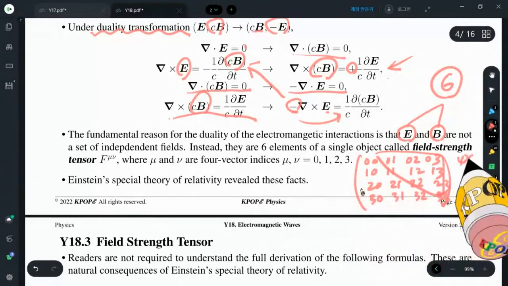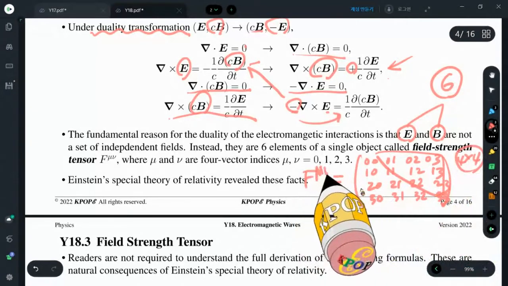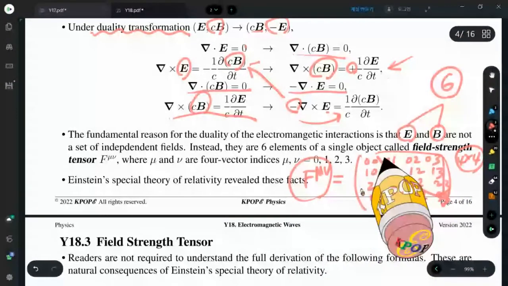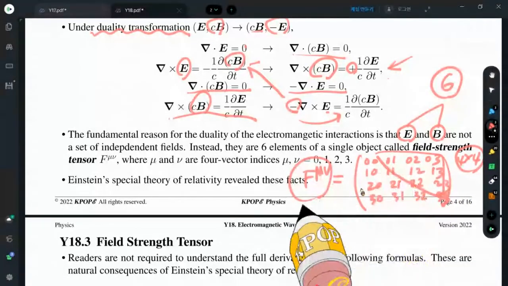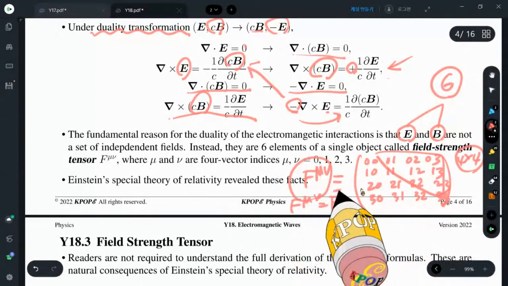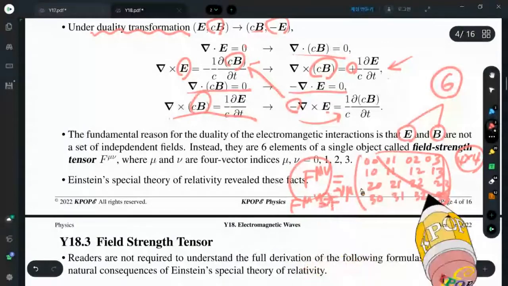There are 4 by 4. This is a 4 by 4 matrix called the field strength tensor, and this is anti-symmetric under exchange of the two indices, mu and nu, with a minus sign.